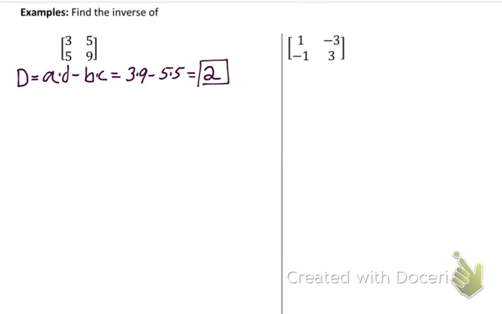Then I'm going to go step by step. So our step 1. Step 1 is to switch our A and D. So that's just going to look like 9 up here, a 3 down there. Step 2 is to change our signs.